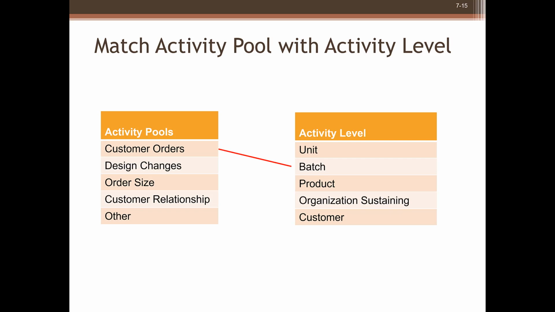Design changes is a product level activity. Regardless of how many batches or units produced, design changes is for each type of product. Order size is unit level. Customer relations is customer level. Other is organization sustaining level.